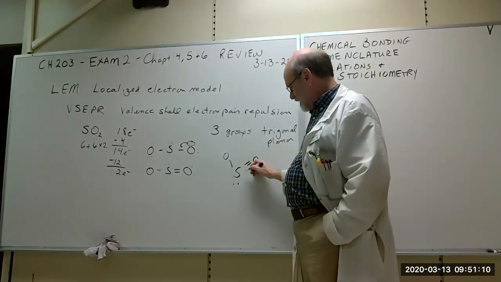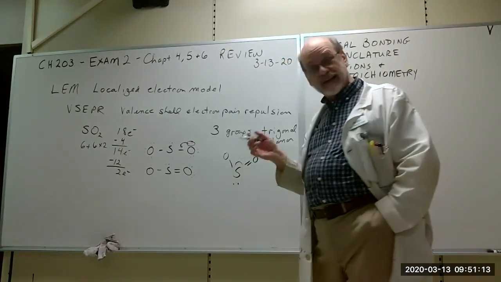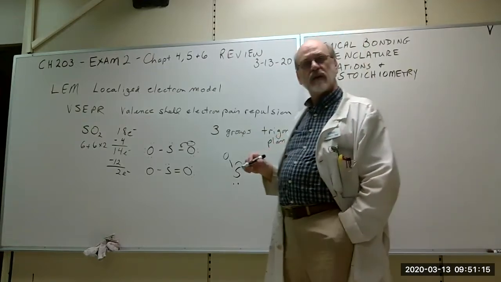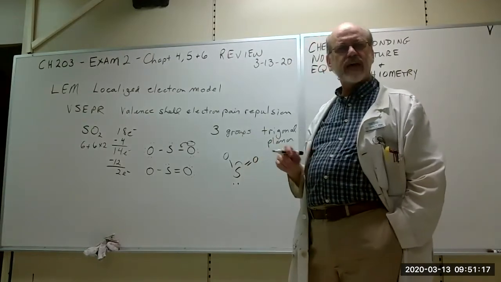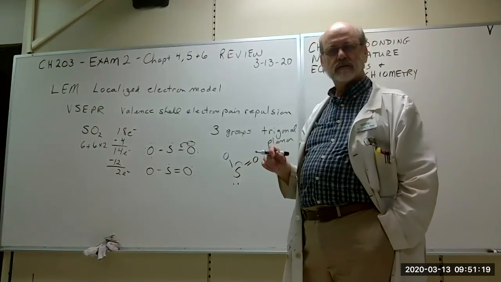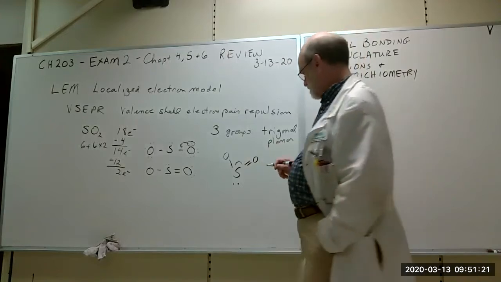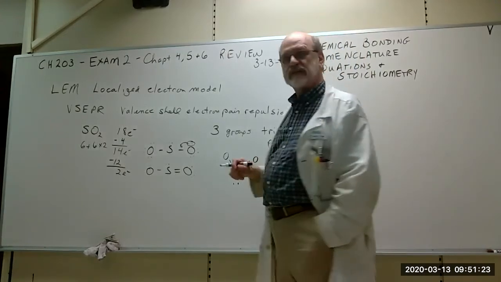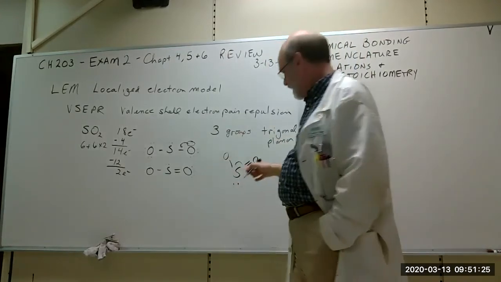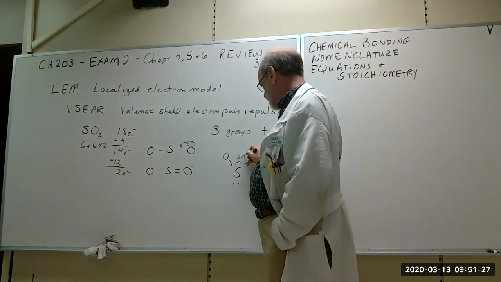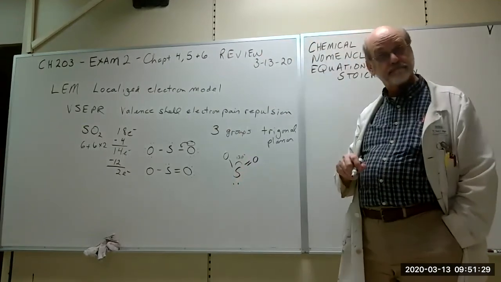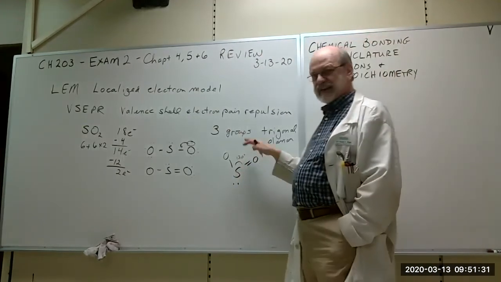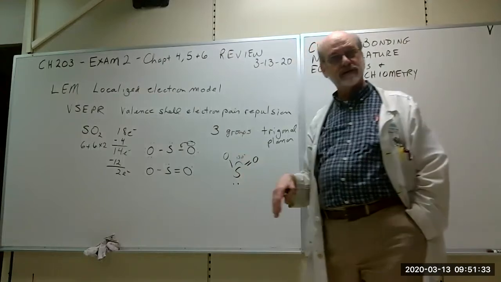And the bond angle here, theoretically, so what's the internal, all the internal angles of a triangle have to add up to 180, or is it 360? 360, right? All the way around 360, right? So this has to be 120, right? But it's going to be a little bit less than 120. Why is that?